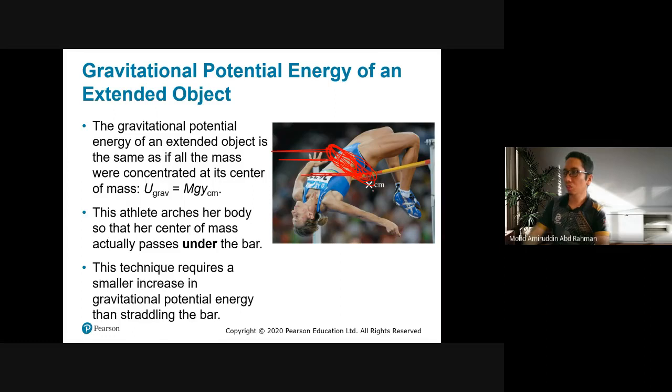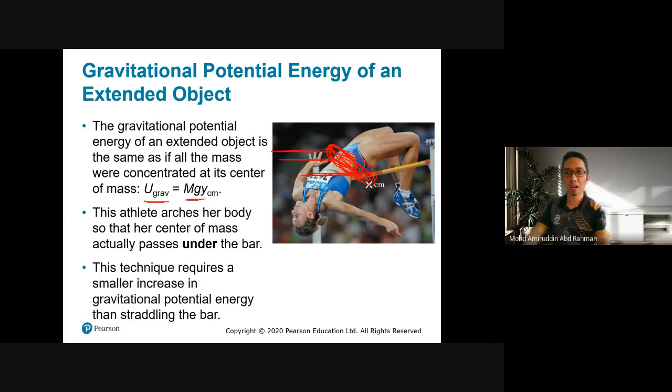So when this jumper puts the body at the center of mass, then we have the gravitational potential energy, U equals mgy.